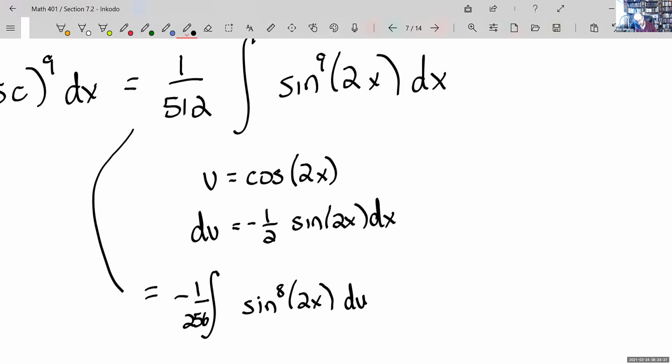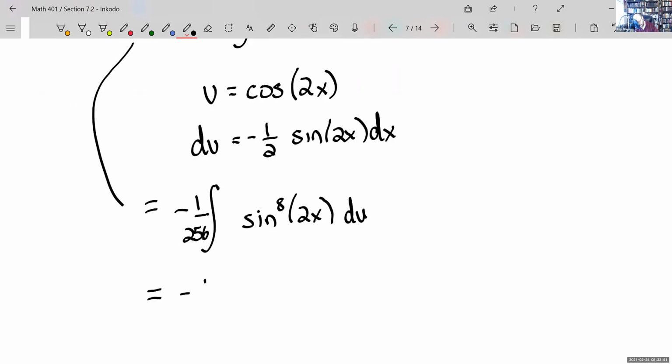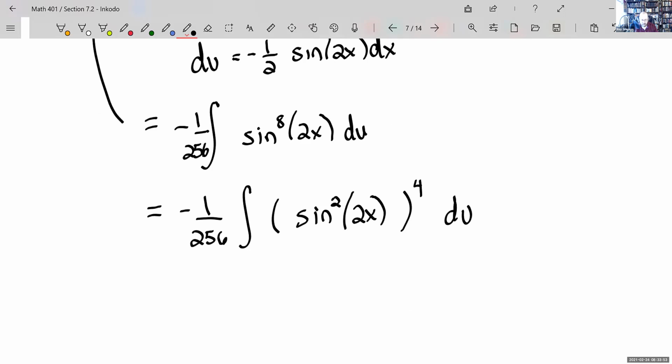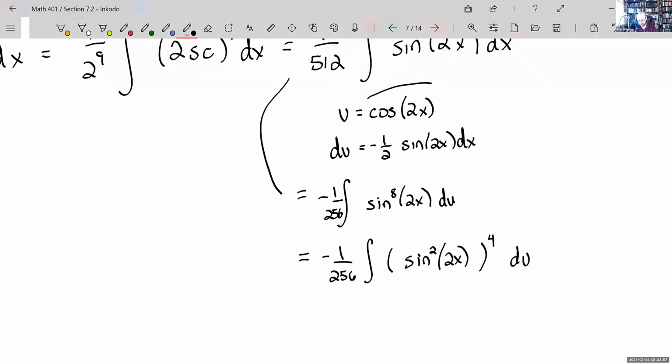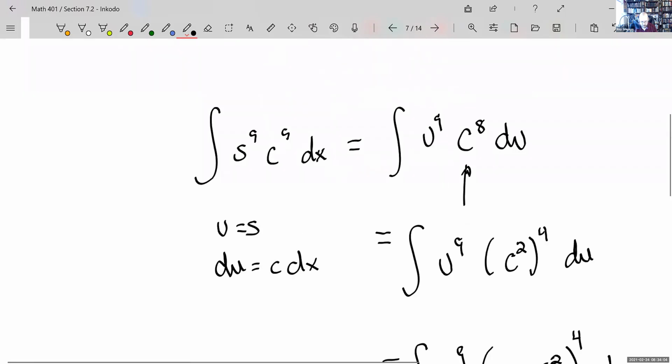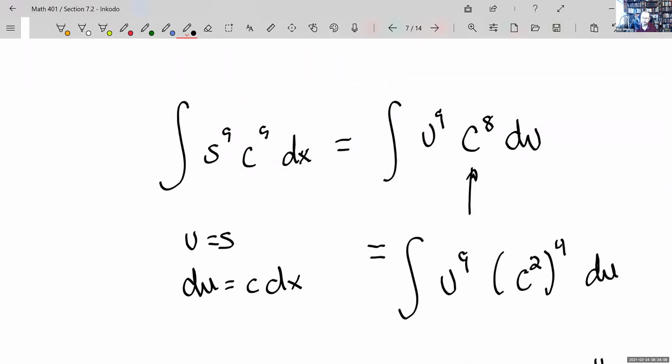And that sine to the 8th, I'd have to then do the same thing that I was just doing, which is write this as the 4th power of sine squared. That would be 1 minus cosine squared, and that'd be 1 minus u squared to the 4th. So it's the same amount of work as if you had from the get-go just done a regular sine substitution.